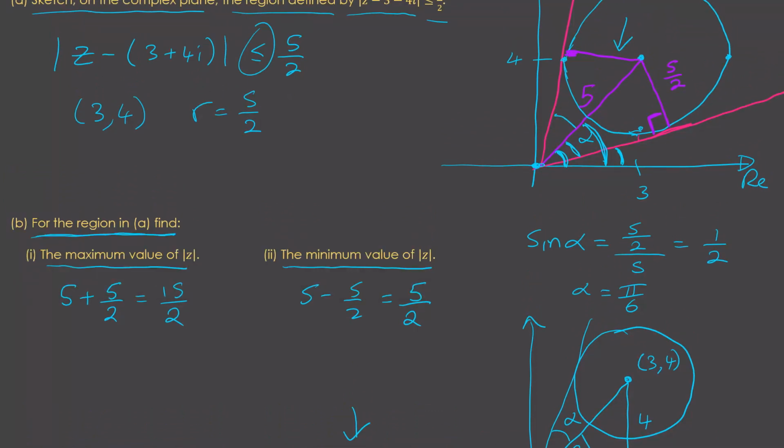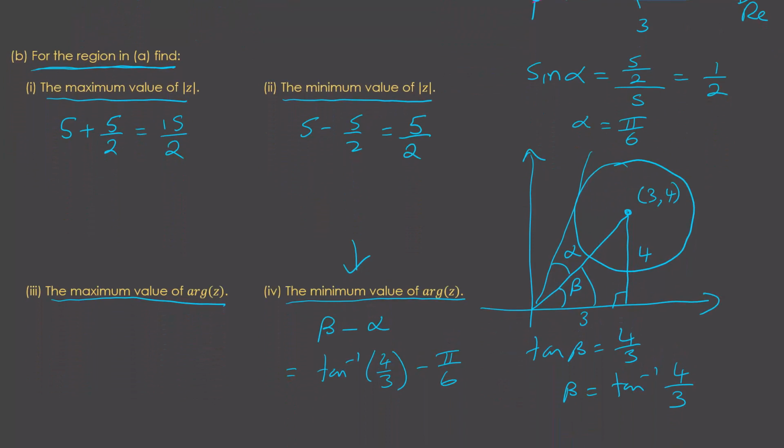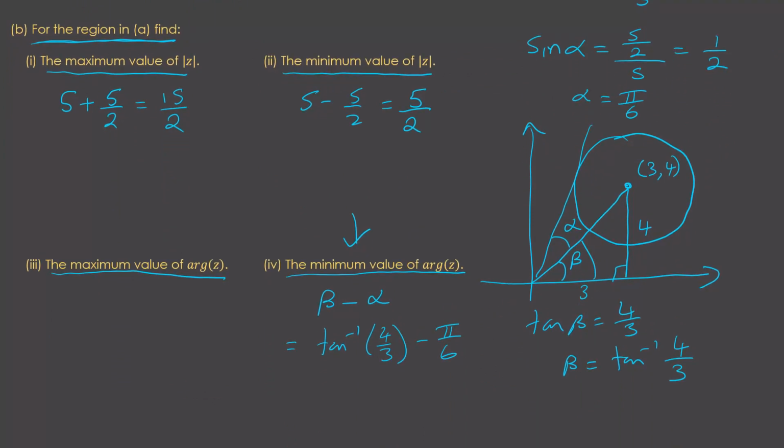This angle here is also alpha, so that one's also pi by 6. And so this one is beta plus alpha, and therefore is tan to the negative 1 of 4/3 plus pi by 6.